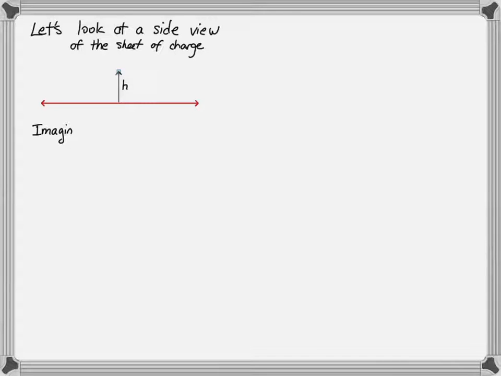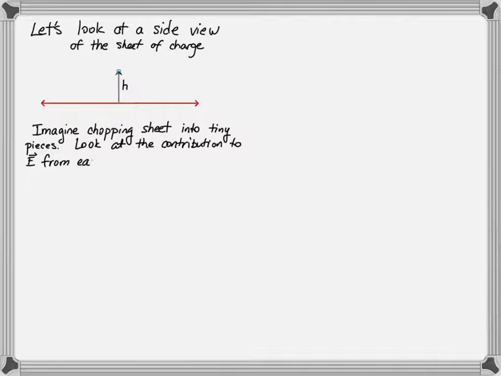I'm going to imagine chopping that sheet up into infinitesimally small pieces, dq, and I'm going to treat each one of those little tiny pieces of charge as if it's a point particle. I'll draw the vector from the dq to the point I'm interested in, which is at height h.